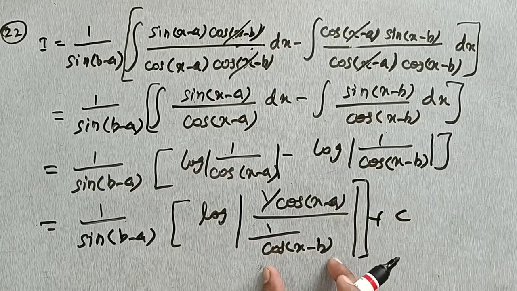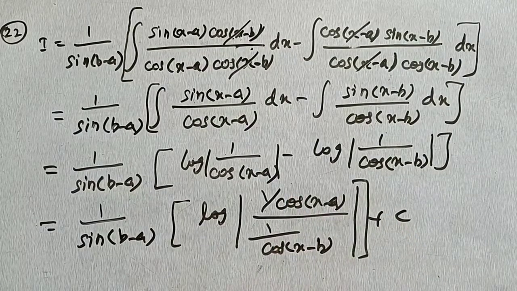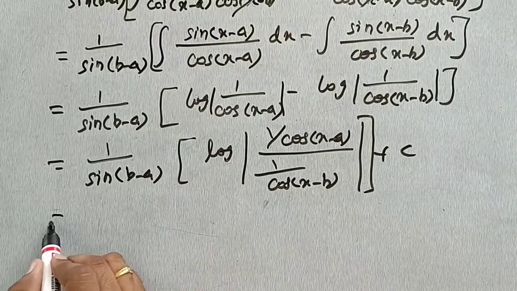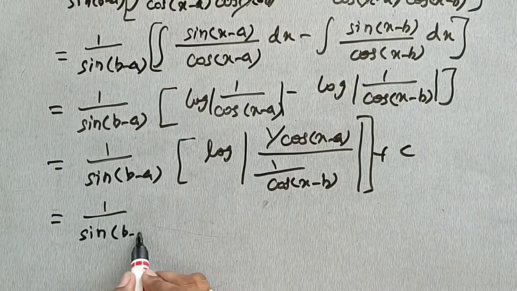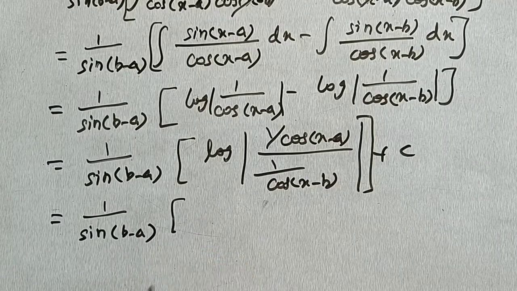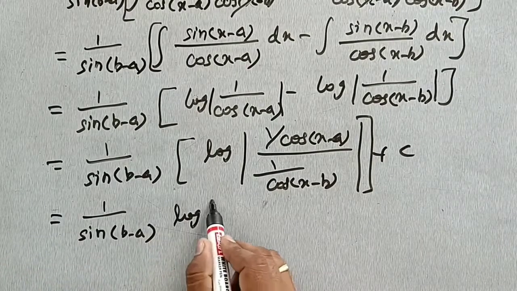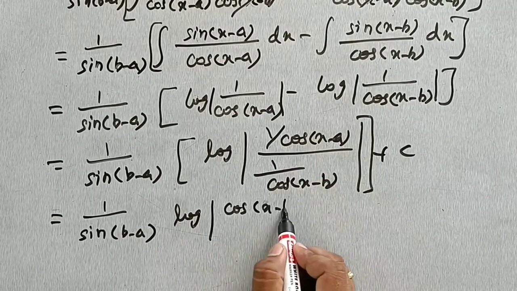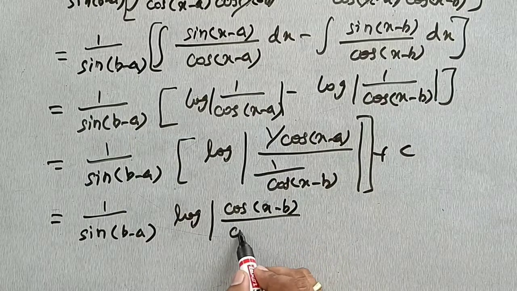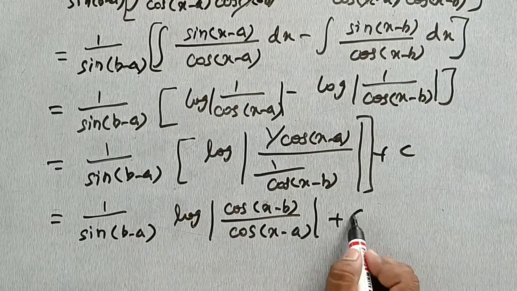Now cos of x minus b will come to the numerator and cos of x minus a to the denominator. So finally this will be equal to 1 by sin of b minus a into log of cos of x minus b divided by cos of x minus a, plus c.